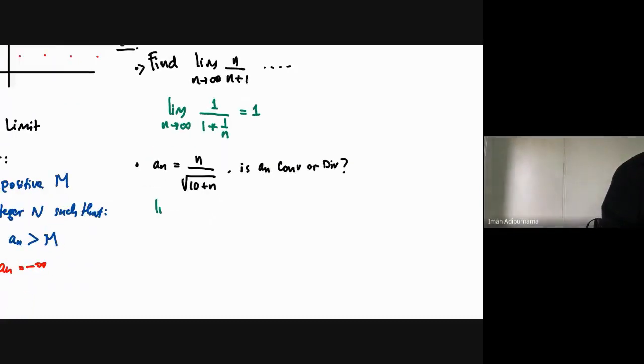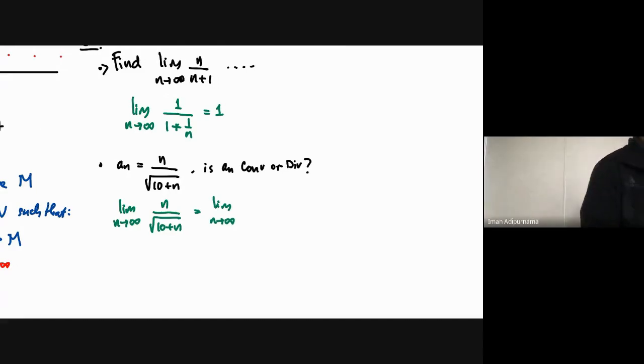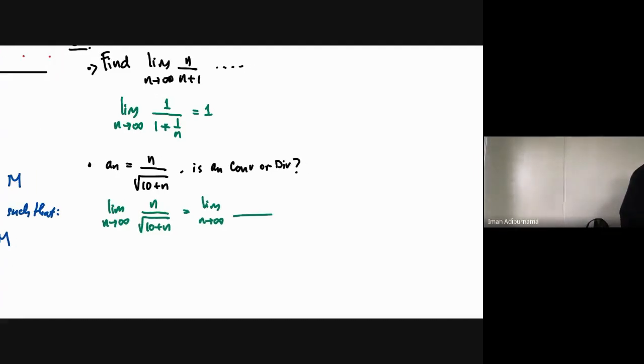We can deal with limits, right? Just use this. And let me just divide all by n. So the top one will be just 1. And the bottom one, because it has a square root, will be squared, and then this will be 1 over n. Okay.